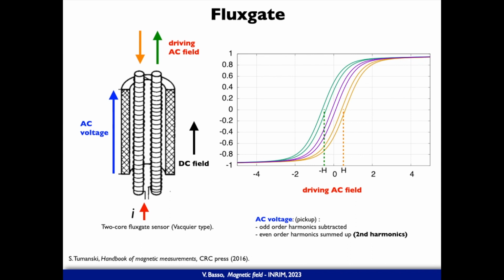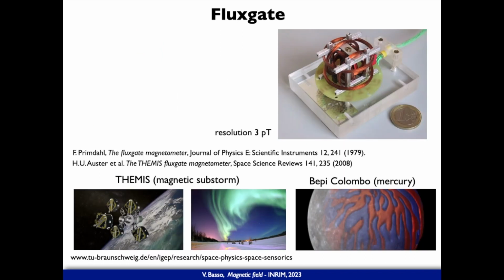This flux gate method can be exploited by making it very small in size. You see the instrument there. It is essentially a scalar instrument, so you may have many, one inside the other, to assess the three components.